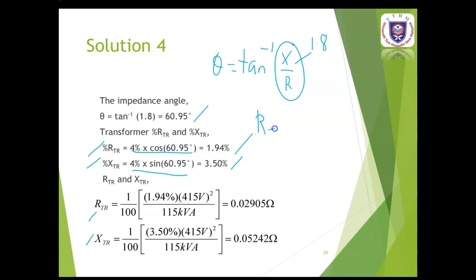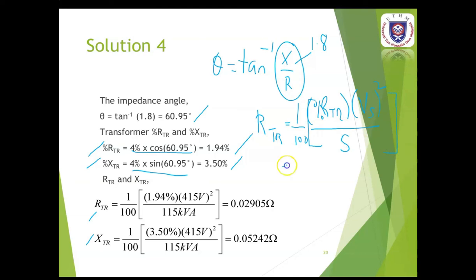I show one only: RTR is equivalent to 1 over 100 times the RTR percentage, and then you multiply with the secondary line voltage squared divided by the apparent power.